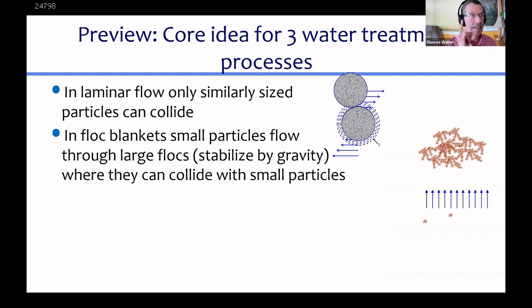The key here is that some of the water flows right through the floc, so the floc is very porous. Because it's not spinning and creating a boundary layer of fluid around it, it's possible for a little particle to go right into the floc. That's what we think is happening inside the flock blanket.